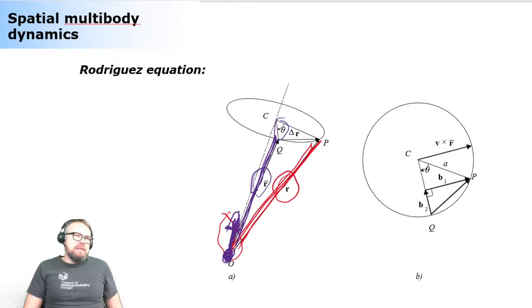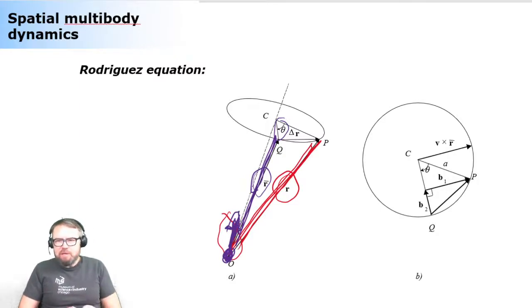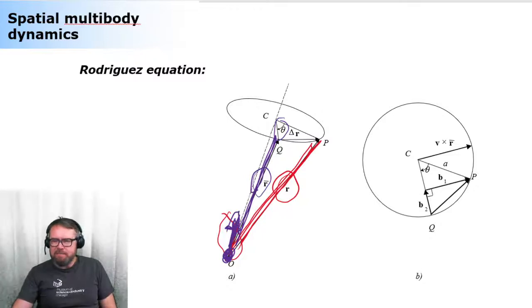Now, to do this mathematical relation between the final and original configuration, you need to use a series of algebraic relations. And using these algebraic relations, you can find where the original r is ending, where the r bar is ending.